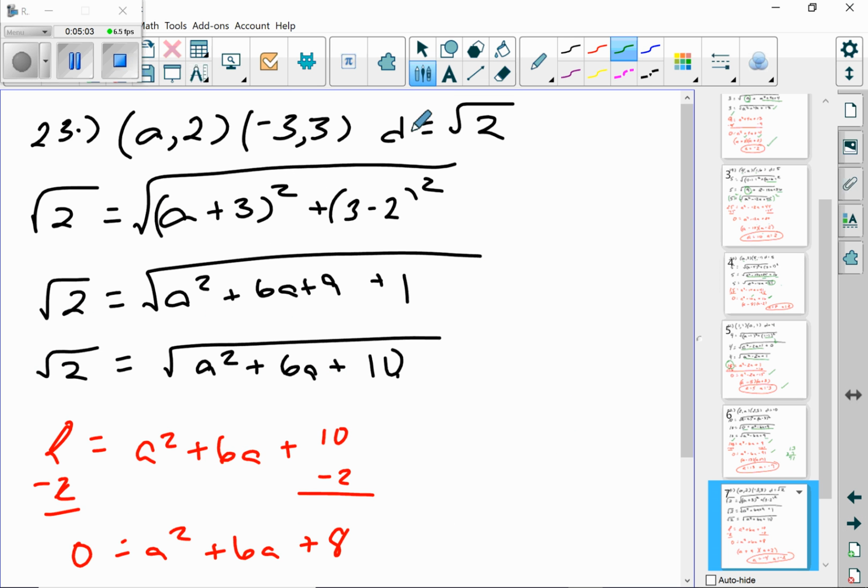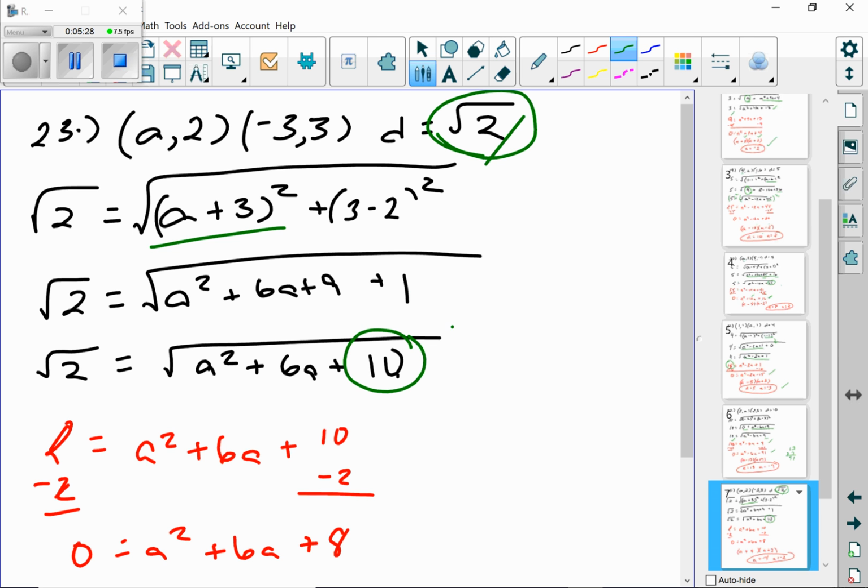23. Square root of 2, we have a distance this time that's a radical distance. That's really like 1.4 something. The distance is square root of 2. A plus 3 squared, 3 minus 2 squared. A plus 3 squared is really a squared plus 6a plus 9. 3 minus 2 is 1. 1 squared is 1. Add the 1 and 9 together to make 10 here.